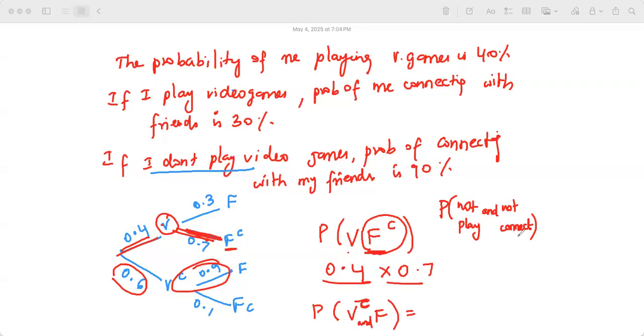I don't play video games and not connect with my friends. What and what should be multiplied, guys? Try, guys. 0.6 and 0.1. Correct. 0.6 and 0.1 is correct. Make sense?